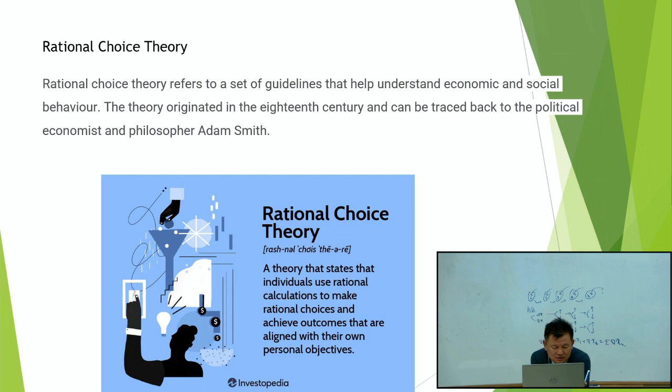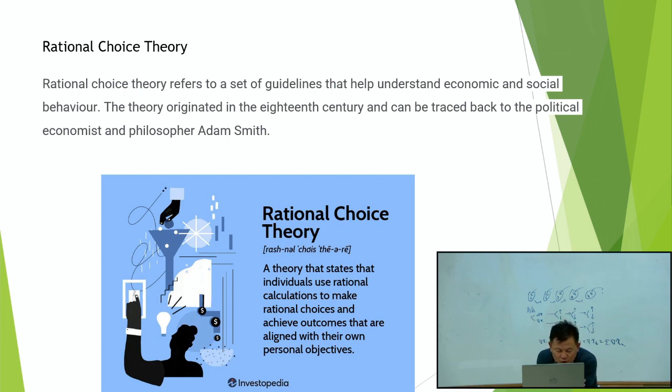This theory originated in the 18th century and can be traced back to political economists and philosophers like Adam Smith. You know Adam Smith.